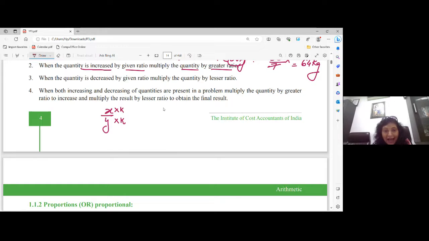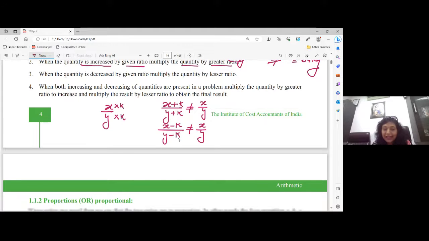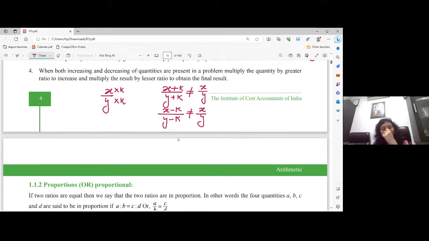But if we add or subtract any constant in both the terms of the ratio, then it is not equal to your original ratio. So this is a very important property you have to keep in mind. Multiplying or dividing a constant to both the terms won't affect the result, but addition or subtraction of a quantity changes the ratio. So these are the concepts of ratios.